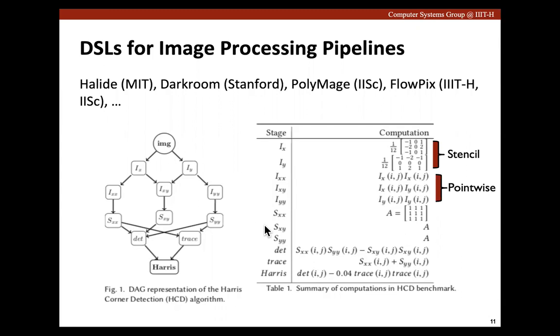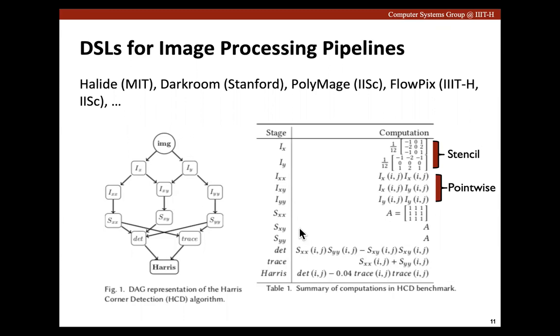So there are domain-specific languages to express image processing pipelines. For example, Halide is a very popular domain-specific language using which we can express these pipelines. Similarly, from Stanford, they have Darkroom, and the latest one from Stanford, they have something else.